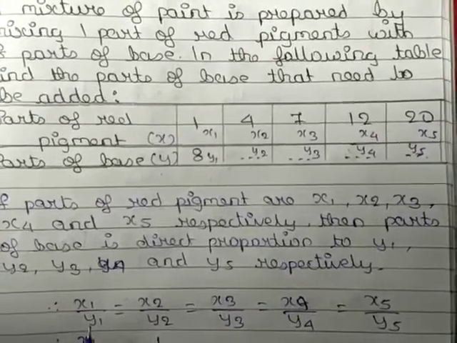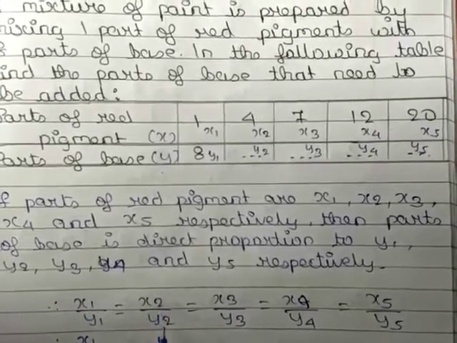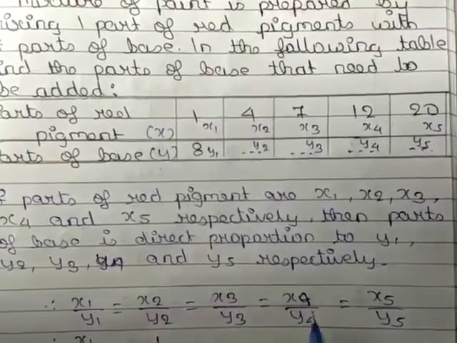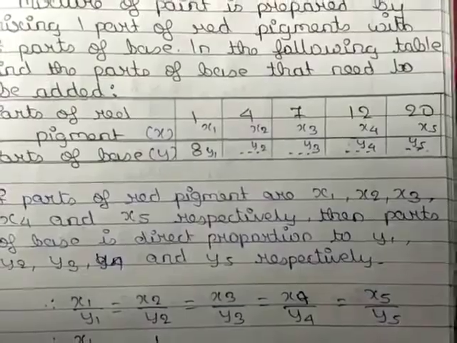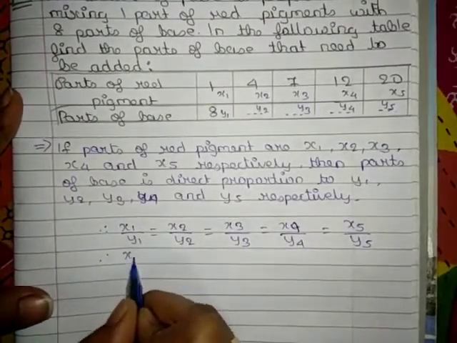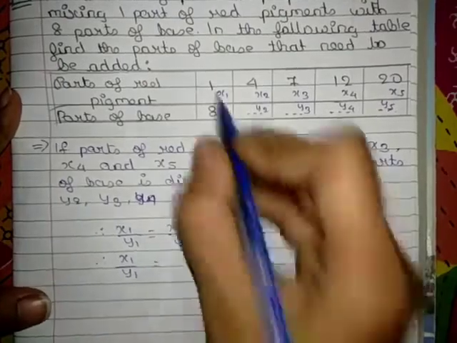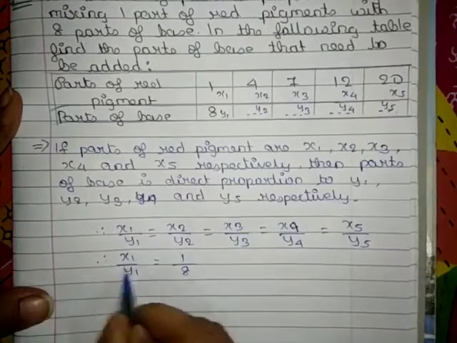Now we can use the formula of direct proportion, that is x1 by y1 is equal to x2 by y2 is equal to x3 by y3 equal to x4 by y4 equal to x5 by y5. We have to find the ratio x1 by y1, which is equal to 1 by 8. So 1 by 8 is our ratio.